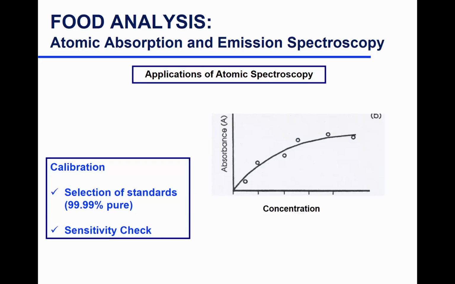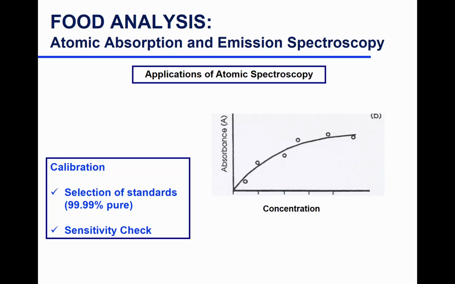Okay, usually for calibration, your standards are almost 100% pure. The purest form of the element is what you want to work with. And we want to make sure that our absorbance and concentration are in the linear range, because you do not want to measure where you have curving, as that would not be an accurate estimation of your concentration.